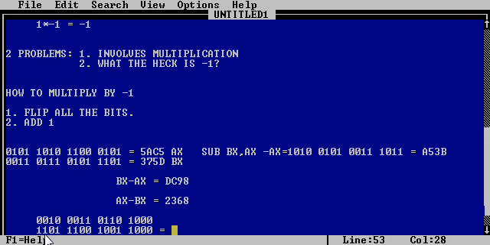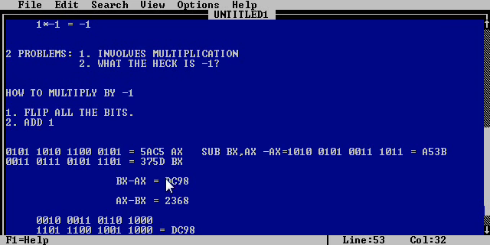That's 4. 8 plus 4 plus 1. 8 and 4 is 12, plus 1 is 13, which is a D. Here we have 8 plus 4, which is 12, which is 1 less than 13, which is C. This is 8 plus 1, which is 9, and this is an 8.